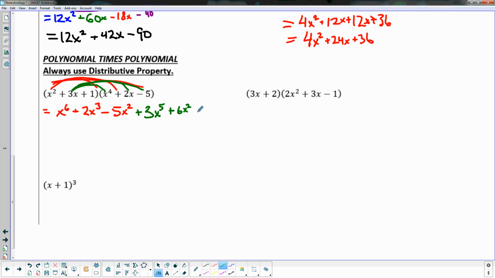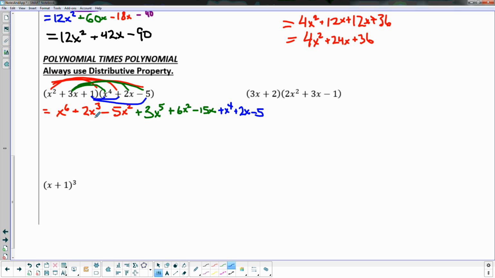And 3x times negative 5 will be minus 15x. Last thing to do, multiply the 1 by everything in the second set of parentheses. So really that just means copy down those things. X to the fourth plus 2x squared, plus 2x minus 5. Kind of bleeding over into the second problem, but that's okay.